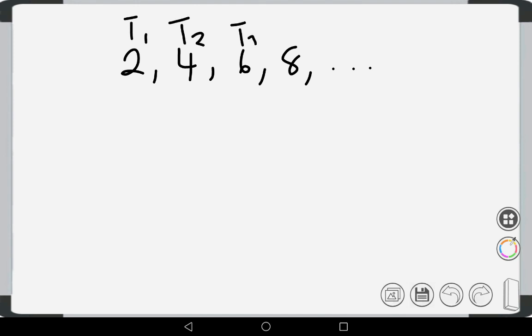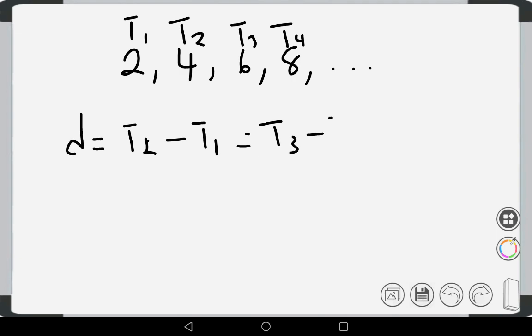This sequence is 2, 4, 6, 8 going upwards. Then you have to find the general term of this sequence. You know that this one is your T1, T2, T3 and T4. So in order for us to find d, d equals T2 minus T1, which is still equal to T3 minus T2, and the same as T4 minus T3.